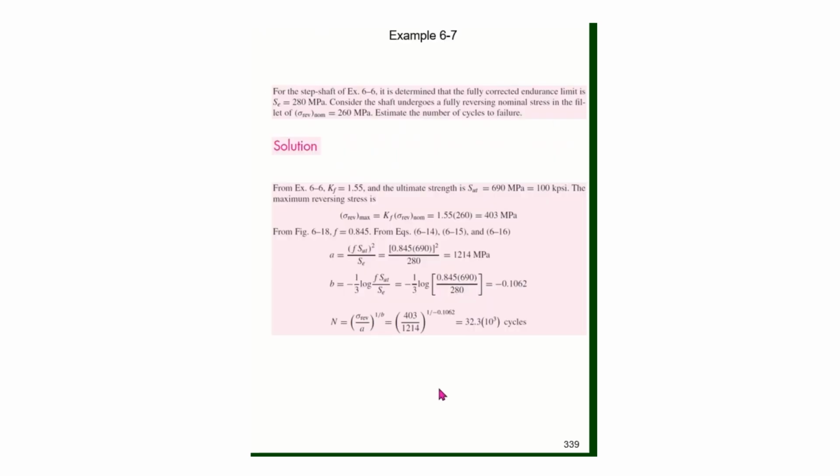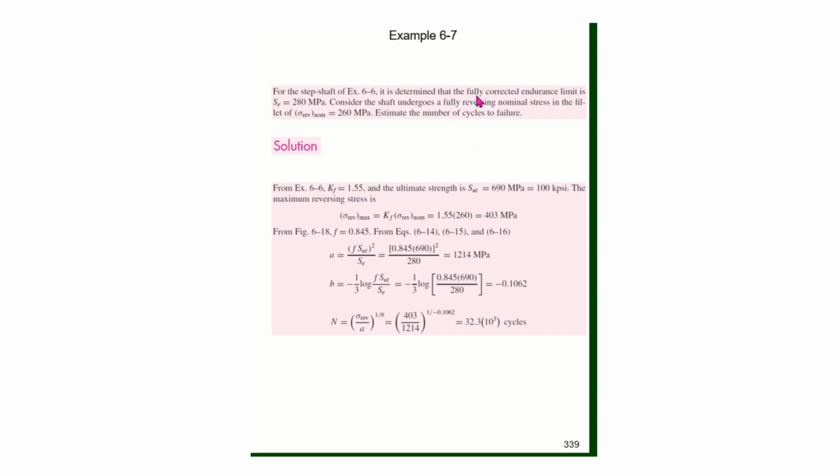Going back to our problem on page 339, we can start to write down all the given information that we have. Here we're given the KF, the fatigue stress concentration factor, of 1.55, so we will modify our stress for that factor.